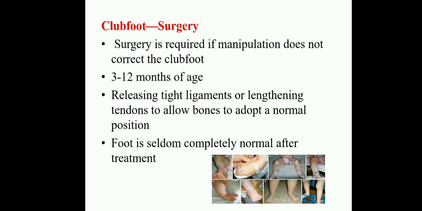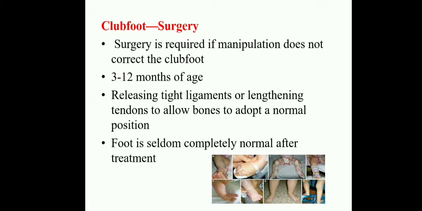Look at this picture, the surgical intervention of club foot, before surgery and after surgery, how the baby's legs look. Surgery is required if manipulation does not correct the club foot. Surgical intervention is done within 3 to 12 months of age.